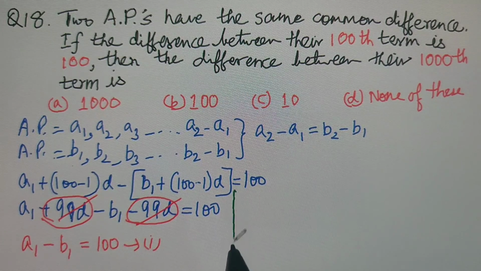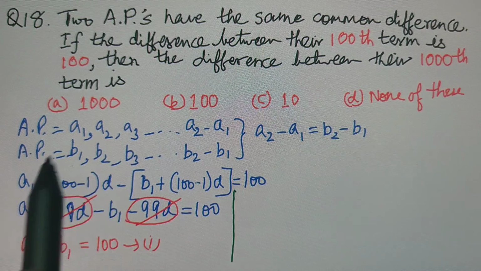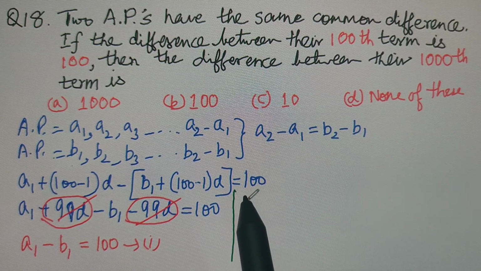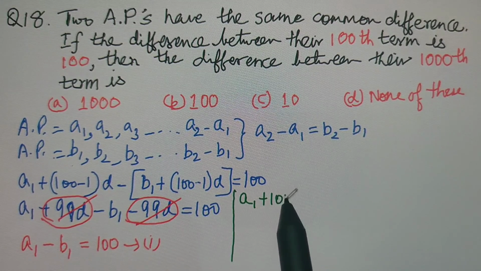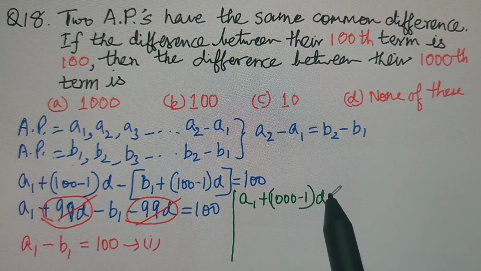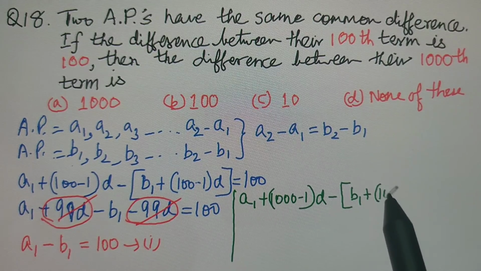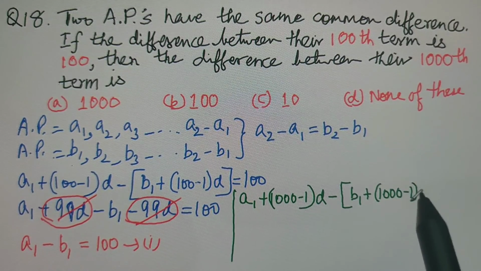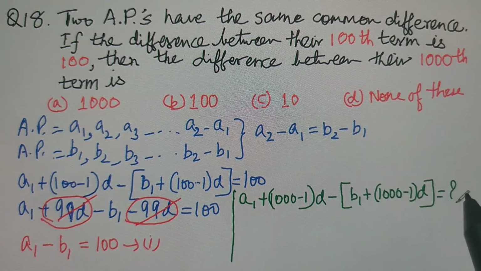Now how are we going to solve the second part of the question, where we have to find the difference between the 1000th term? This can be written as A1 plus 1000 minus 1 D minus B1 plus 1000 minus 1 D. We have to find the value of this.